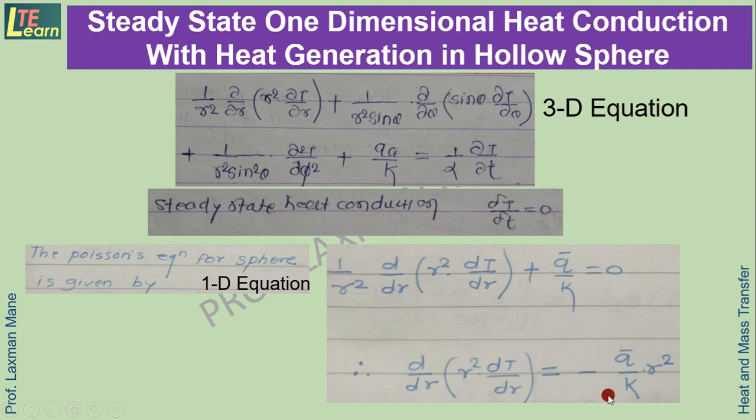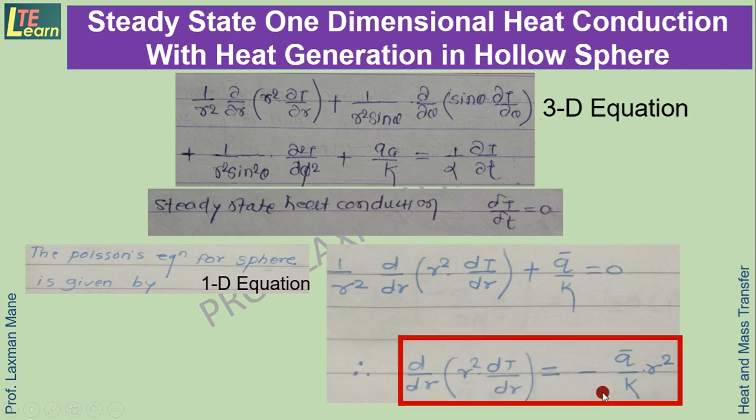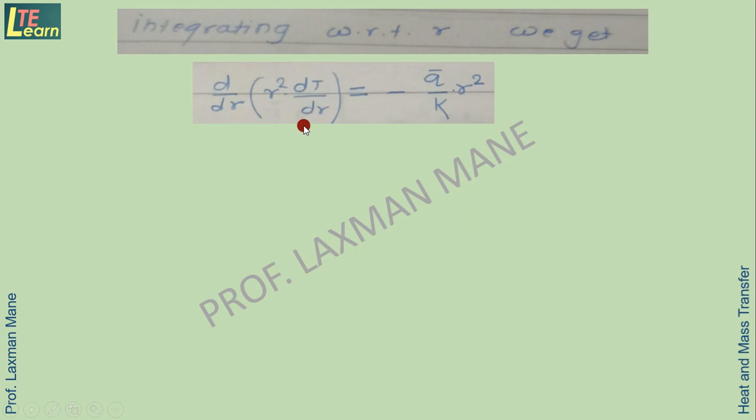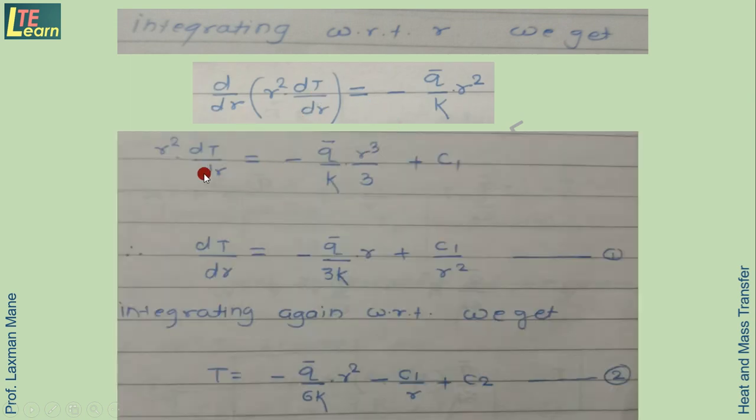With further simplification we find this equation, which we use for integration. So integrating this equation, we find r square dT/dr is equal to q by k times the integration of this, r cube by 3, plus C1.